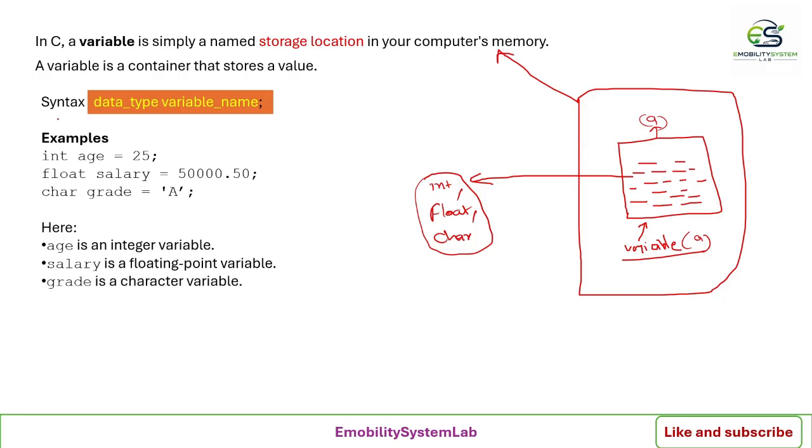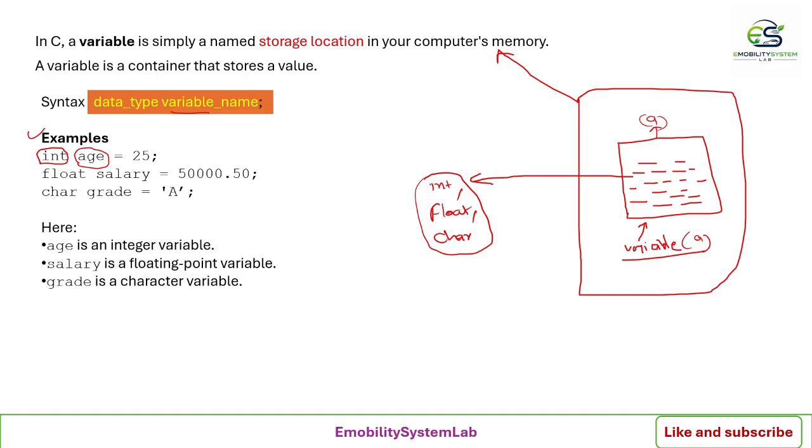When you are writing a variable, you need to understand the syntax, how to write the variable name. Before writing the variable name, you have to define some data type. Let's go through some examples. Suppose this is a variable name, and before the variable name the data type integer has been used.